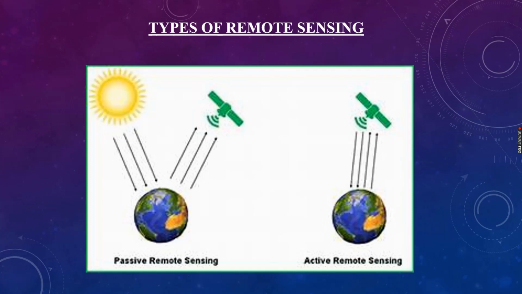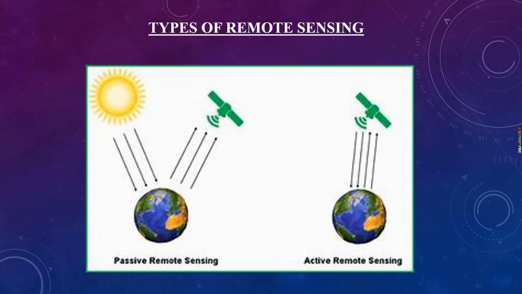So we can explain the difference between active and passive remote sensing as the presence or the absence of a source of illumination. In passive remote sensing, the source of illumination, or as you can say, the source of energy, is present, whereas the source of illumination or the source of energy is absent in active remote sensing.